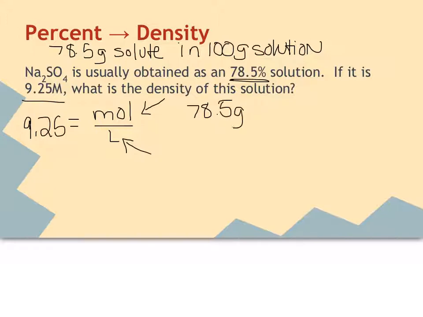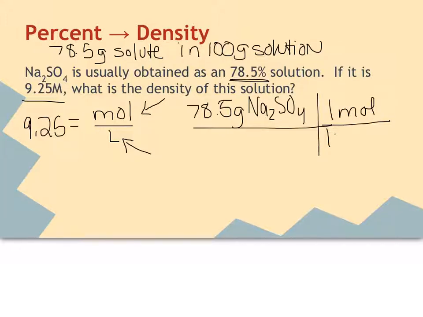The way we figure out mole is we take our 78.5 grams of Na2SO4. Not 1 mole, excuse me, I was going to put 1 mole down there. 1 mole equals 142.07 grams. That's the molar mass, and I figure out the number of moles. I ended up getting 0.5525.